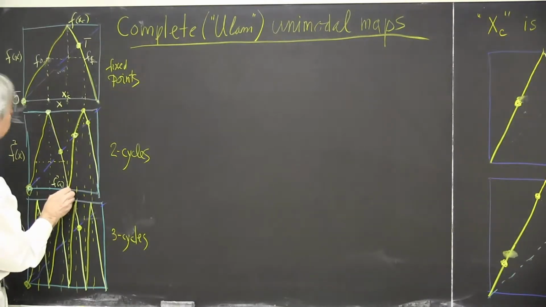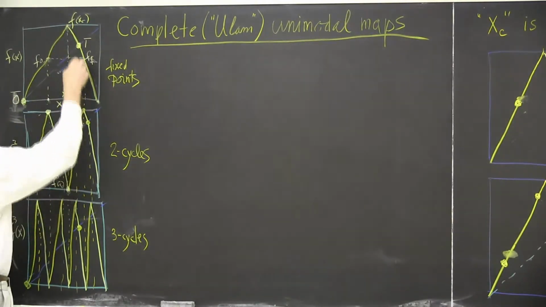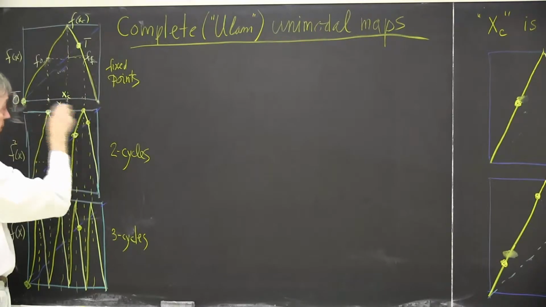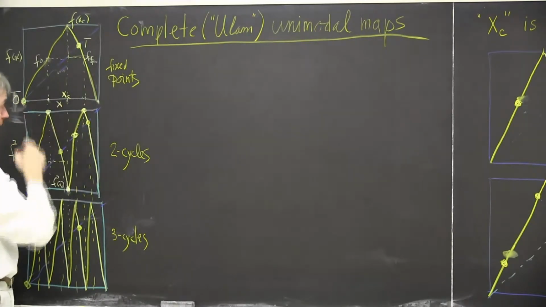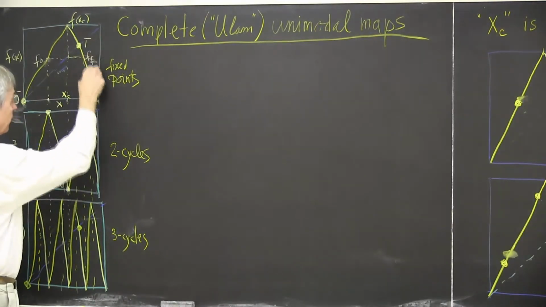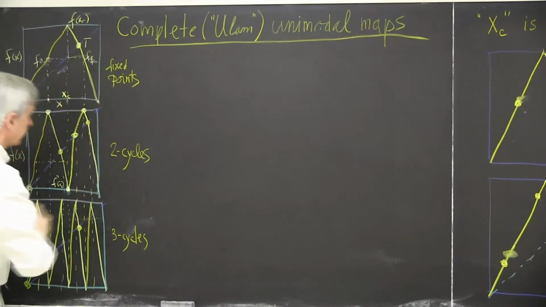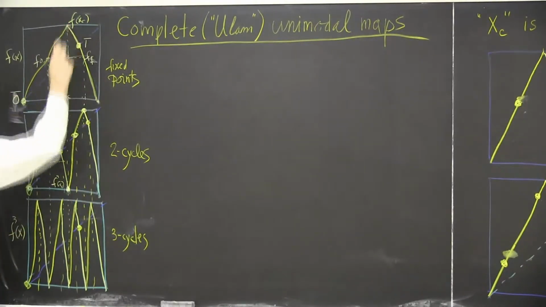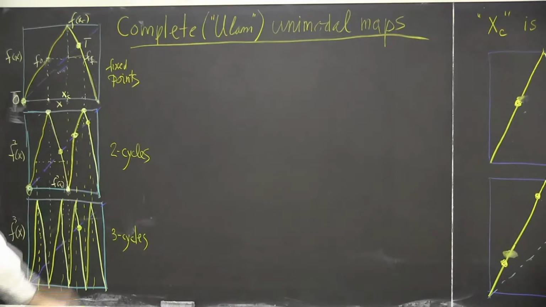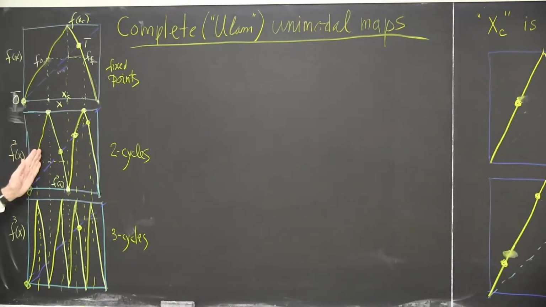We know that at this end, it's 0, and we know that its preimage is here, where it takes value 1. So this whole interval becomes stretched like this. This interval here will get stretched like that. And we find that the second iterate of a unimodal map is a map which has 2 segments going up and 2 segments going down.